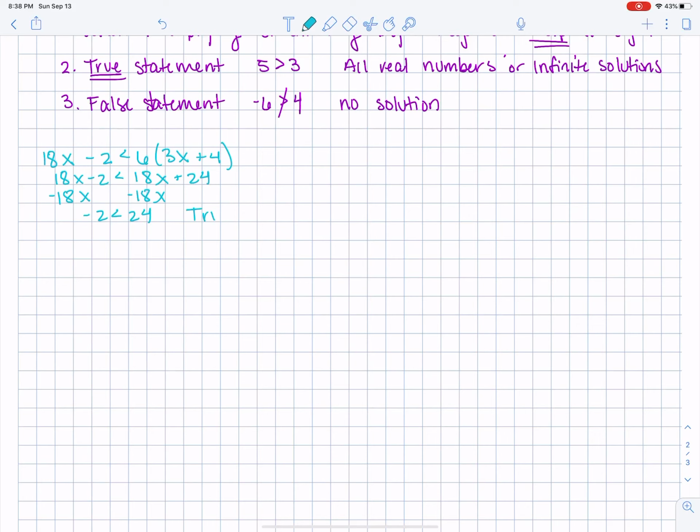This is true. Absolutely. Negative 2 is less than 24, meaning there are infinite solutions. And on the flip side, you might have something like 14x minus 3 is greater than 14x plus 8. So when you subtract 14x from both sides, you get negative 3 is greater than 8. That's false. We cannot say that negative 3 is greater than 8. So there are no solutions.